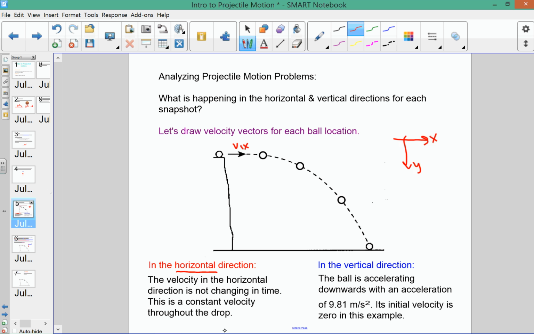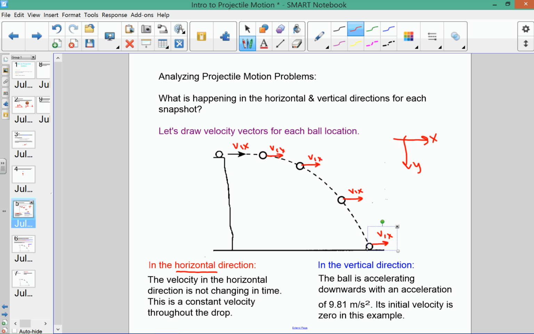Because there's no acceleration in the x direction, so we're neglecting air resistance, the x component of velocity will be exactly the same for every single snapshot. So for every single snapshot, you can just draw a vector that is identical to every other vector, and the magnitude is v1x, what it started with.